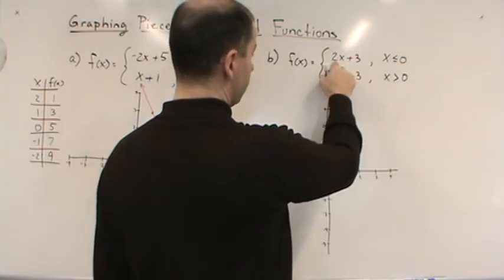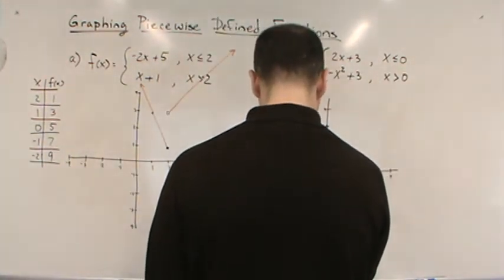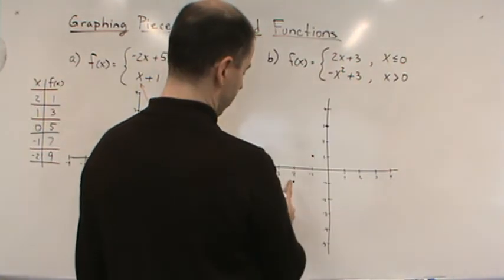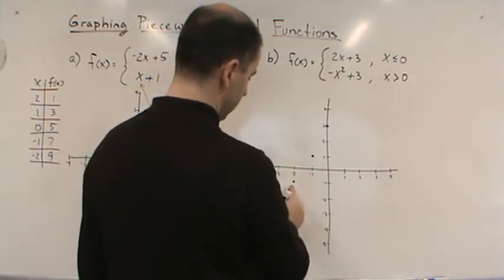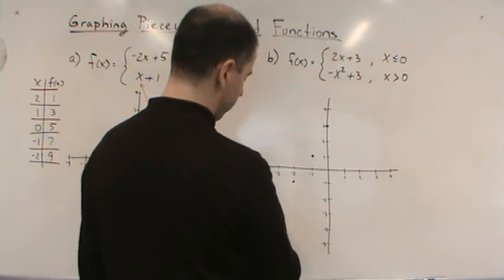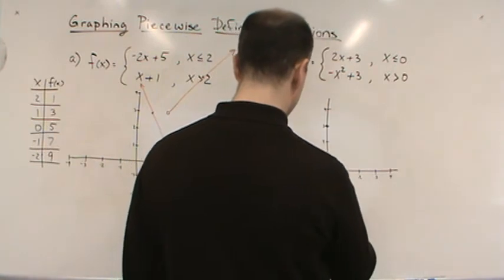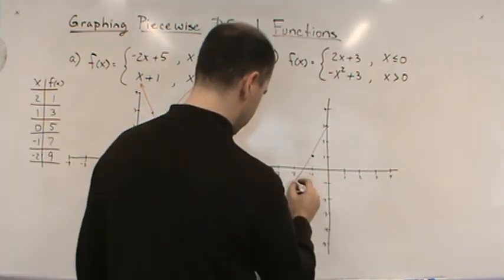If x is -2, we get -1. So at -2, we get -1. And then again, you could use the slope too. It's going up 2 over 1, so we could go down 2 to the left 1. But I think we've got enough points here, so it's going to be like this.